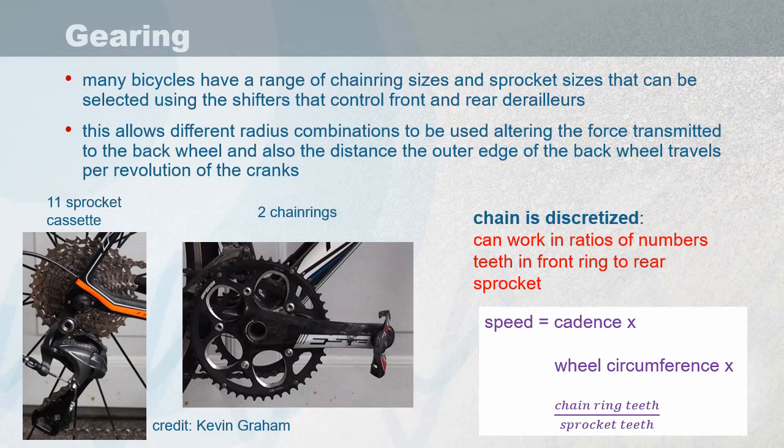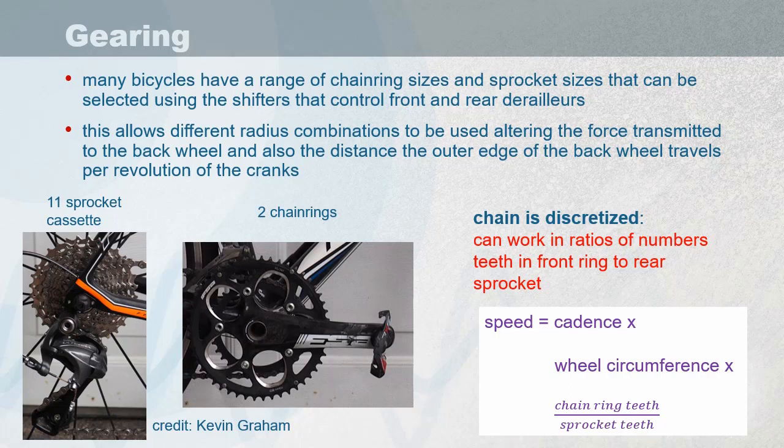A different way again to think about it is that by adjusting that gearing, the number of times you have to turn the front pedals to correspond to some other number of turns of the back wheel will change as a function of the ratio of front chainring size to back sprocket size.